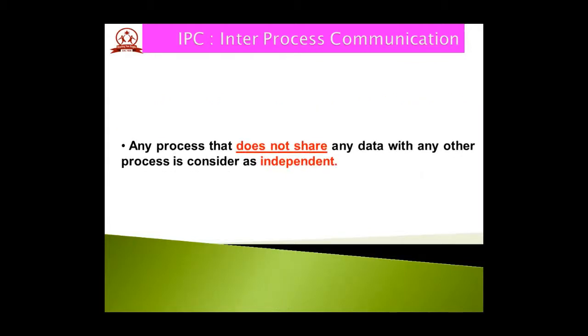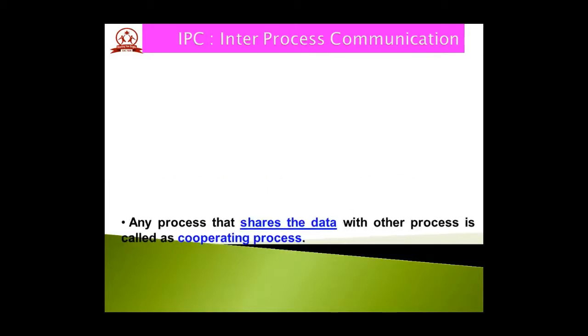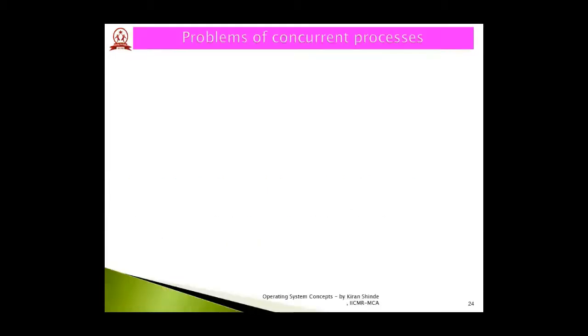Any process that does not share any data or resource with any other can be considered independent. Whereas a cooperating process can affect or be affected by the other processes executing in the system. Why? Because they share data and resources with other processes.